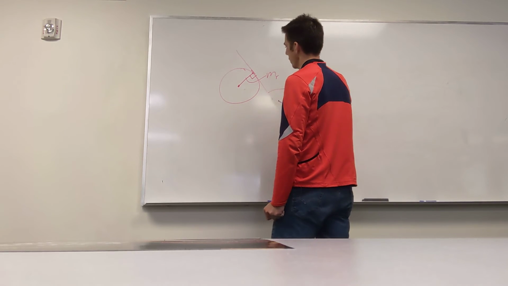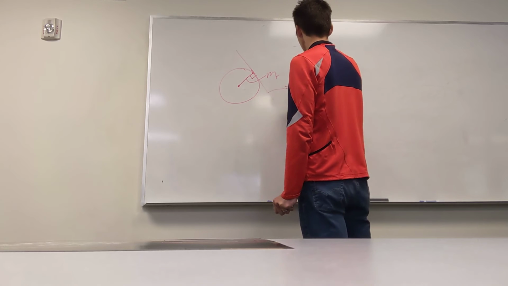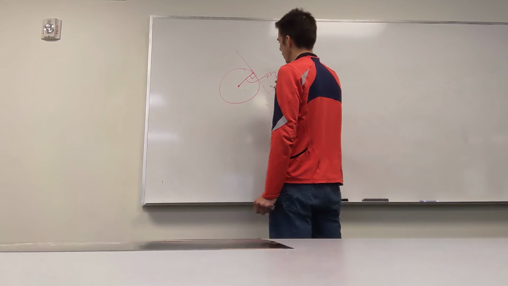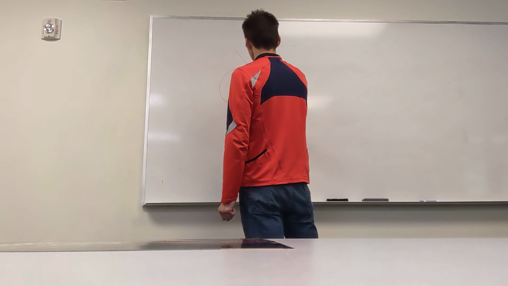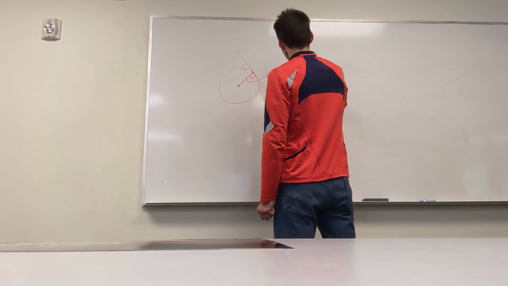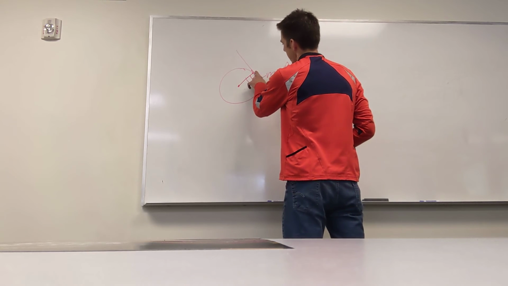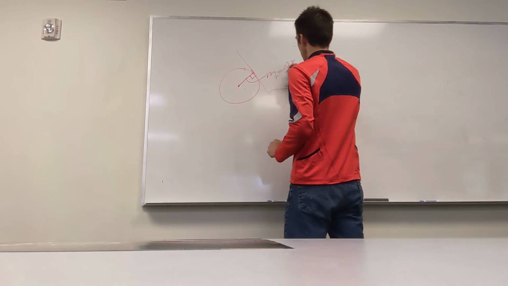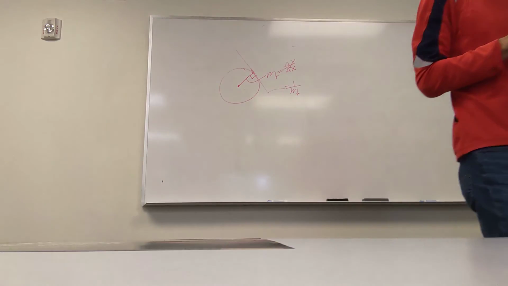This is the slope of the radius at that point. This would be -1 over that, right? So this slope is going to be the change in y over the change in x, right? So it's going to be the y value minus the y value over the x value minus the x value. And that's going to give me the slope there, okay?